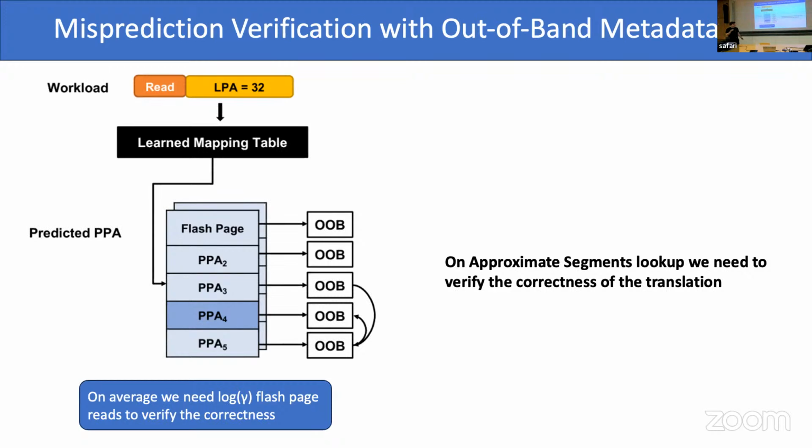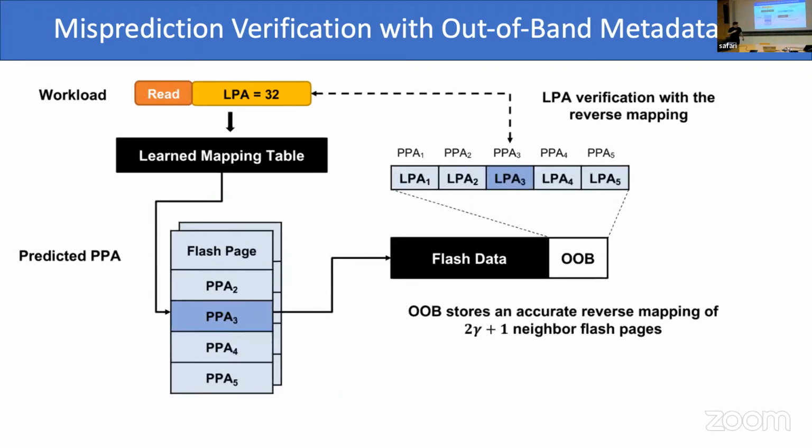Although this is very slow because we actually need to check a lot of flash pages. On average, it's log of gamma flash pages, but we can fix this. We can fix this by storing on the out-of-band metadata 2 times gamma plus 1 neighbor flash pages.